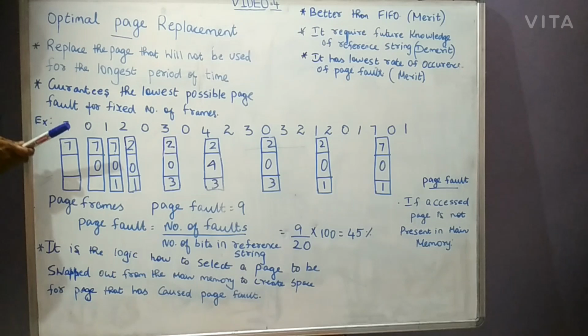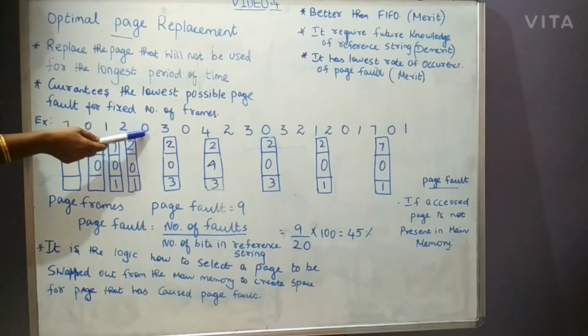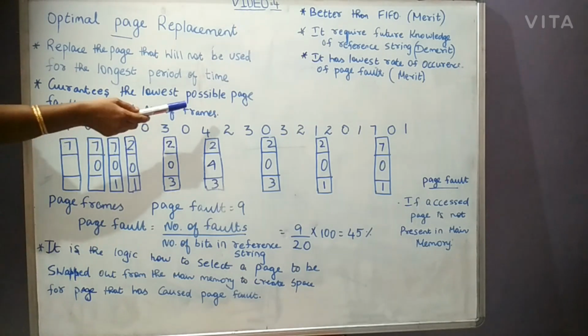Then what is the advantage of using optimal page replacement? It gives the lowest page faults. That is one advantage, and it is better than first in first out. And what are the drawbacks? When you are using 7, we have to check its next occurrence or the longest period of time.